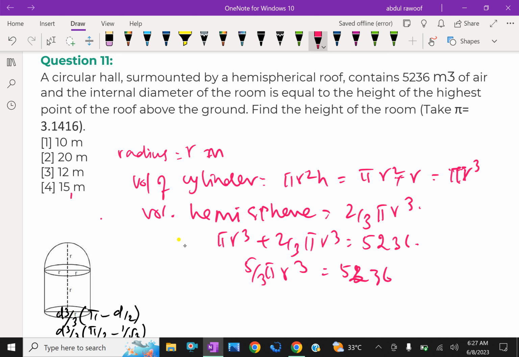Then r cube is 5236 times 3 over 5, over pi.